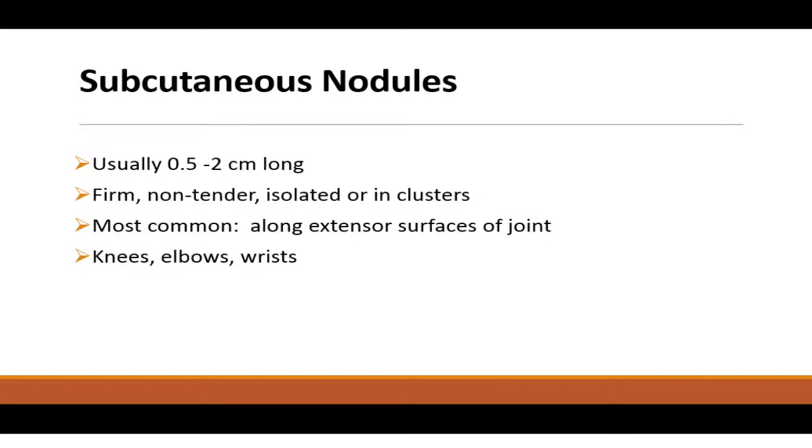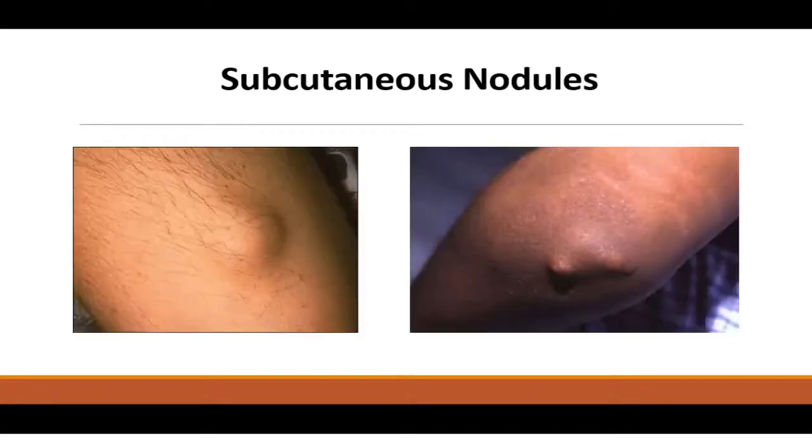Most commonly, they are localized along the extensor surface of joints, and we may see them in the area of knees, elbows, and wrists. These are photos of how they look. If you see such changes associated with arthritis and carditis, of course, your first idea must be acute rheumatic fever.